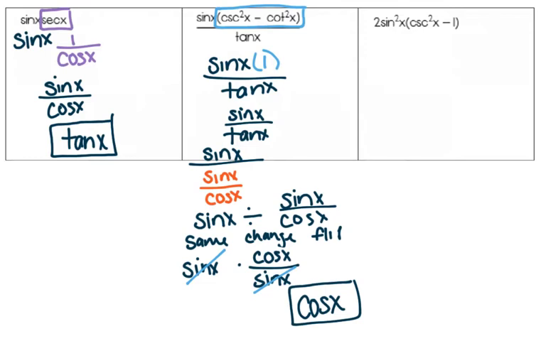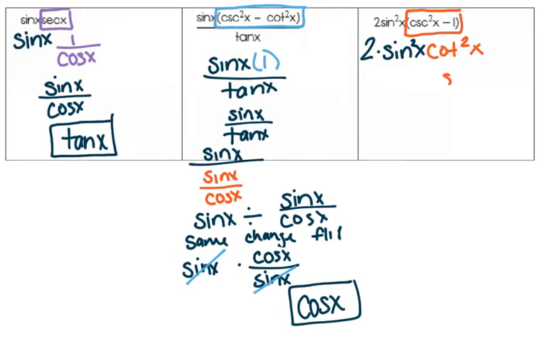Alright, so if I look at the last one, here's something being squared and subtraction going on. So that's a Pythagorean identity. And when I look at my sheet, this is the same thing as cotangent squared. So here's what I have left. I can rewrite cotangent as cosine over sine, so cotangent squared would be cosine squared over sine squared.